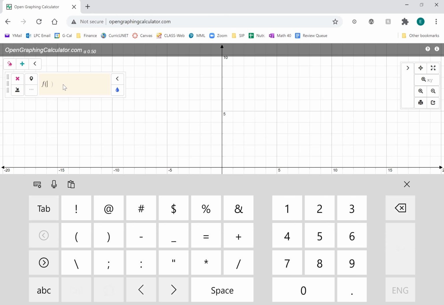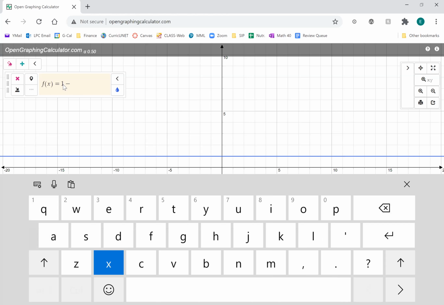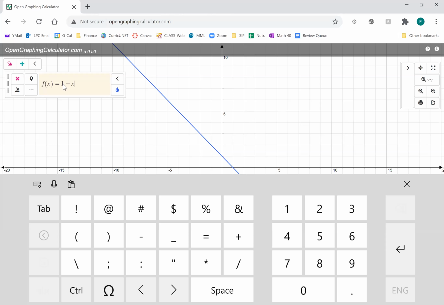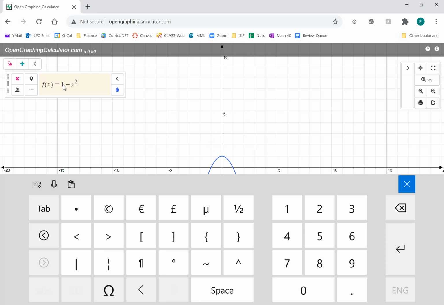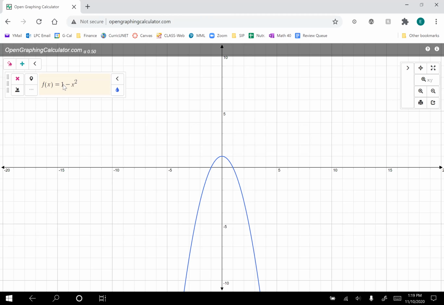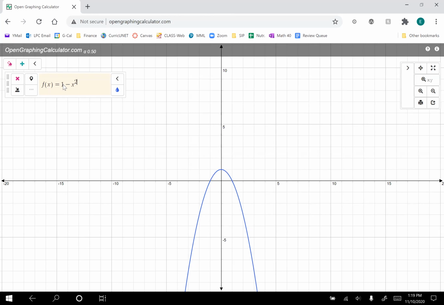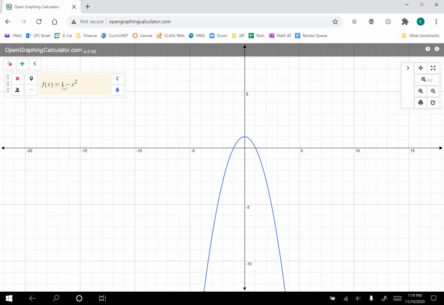Okay, but just to demonstrate for you, on Open Graphing Calculator, let's put in our function here. So f of x equals 1 minus x squared. I've got to find the squared button. There we go. 1 minus x squared. All right, so there's our parabola.